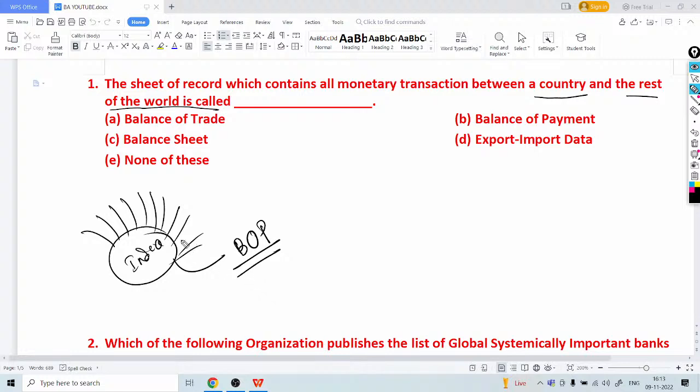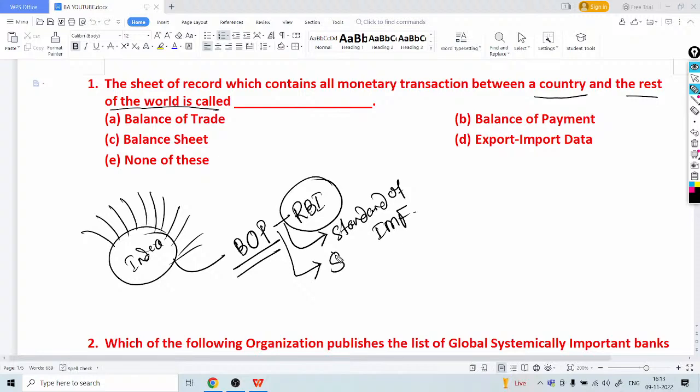The balance of payment in India is calculated by the Reserve Bank of India, on the basis of the IMF standard, and it is represented in dollars.